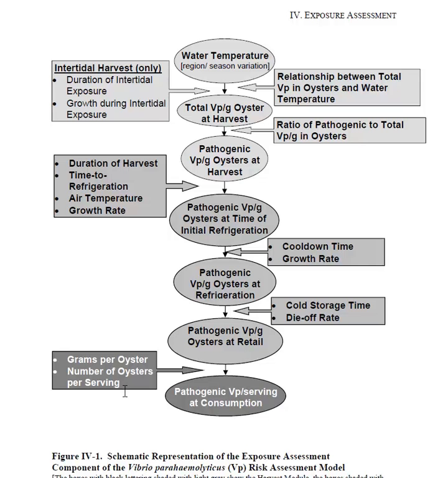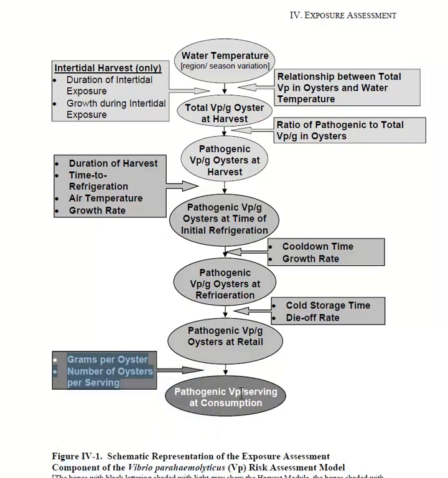So on the left here we see the next concern is the grams per oyster and the number of oysters per serving. So the grams per oyster is the size of the oyster times the number of oysters eaten. This gives us the total number of grams of oyster flesh consumed. From the earlier model components, we know the number of pathogenic Vibrio per gram.